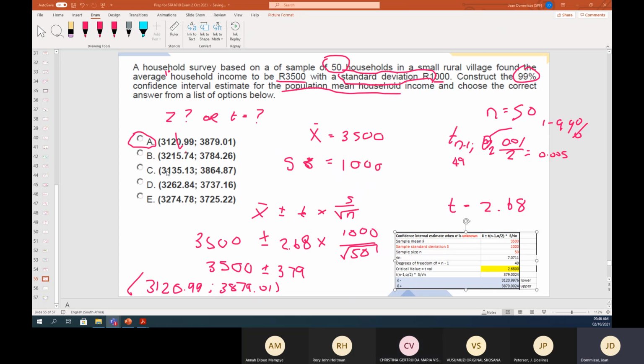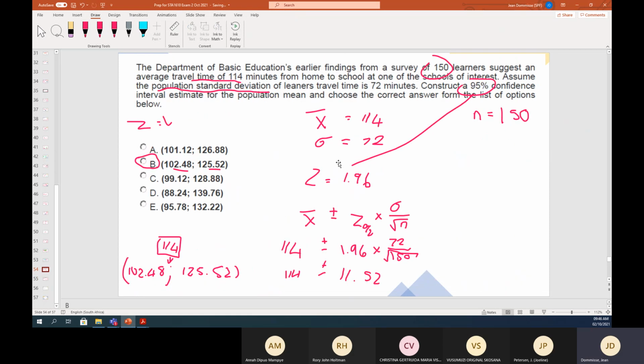So again, this is where it's very important to be able to identify the Z and the T. The other way, nearly for the exam, is you will, here we got the Z already.